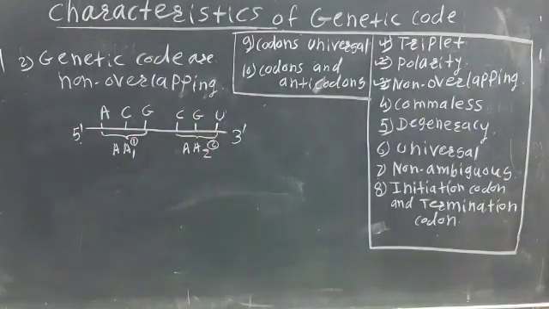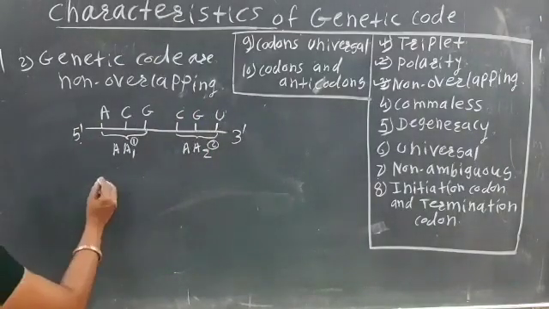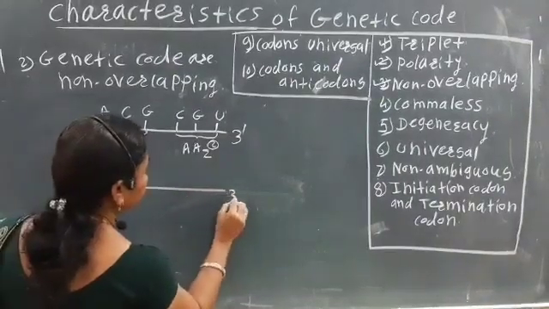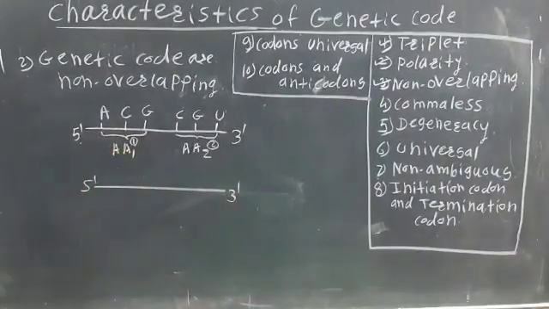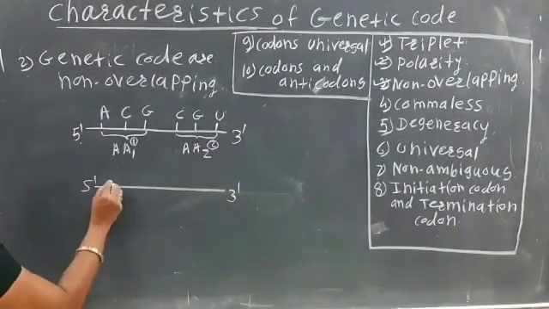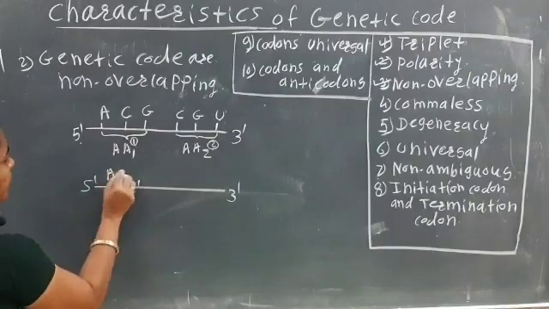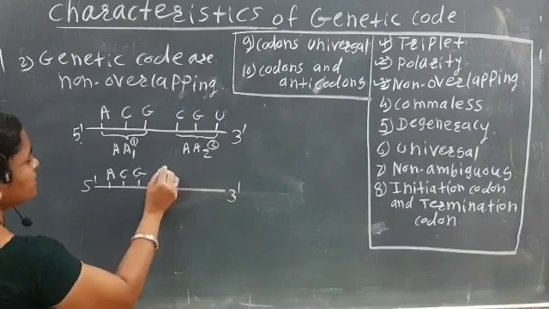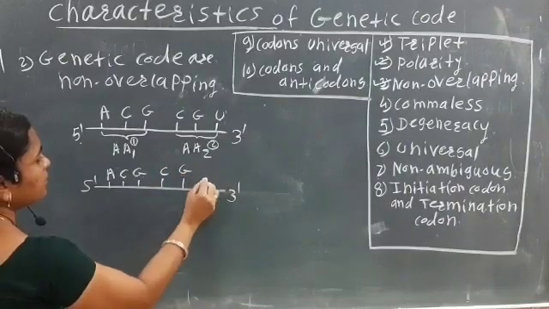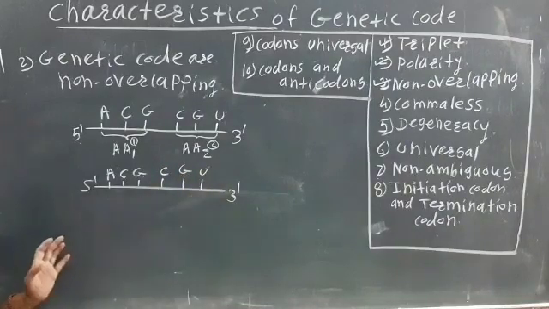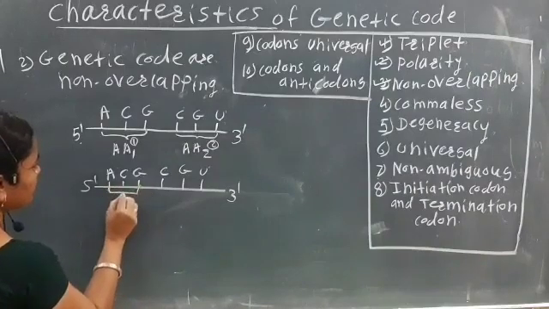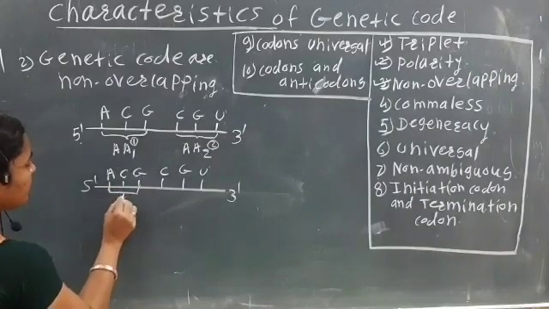Now overlapping condition मध्ये कसं असेल बघा, in the overlapping condition, here it is the 5' end, here is the 3' end. So see here ACG. Okay, so here is the CG and U. So here is the first codon, which will code one amino acid.